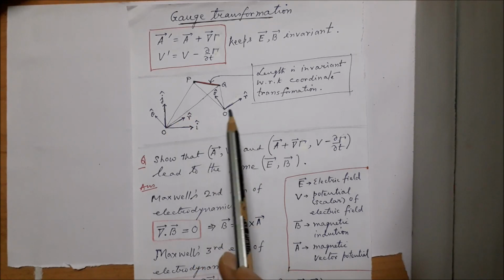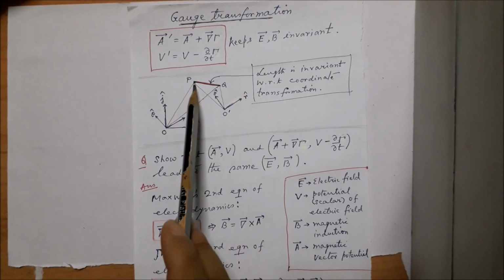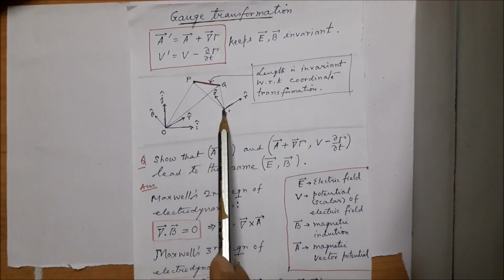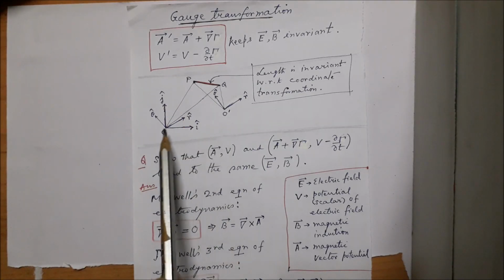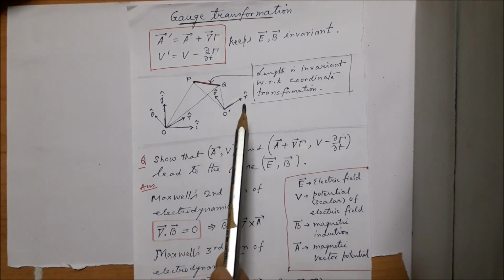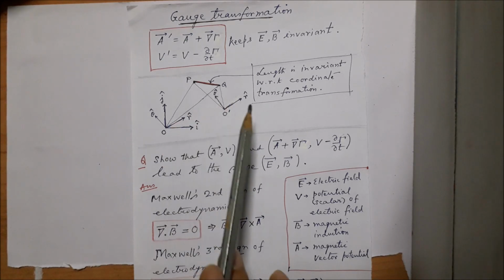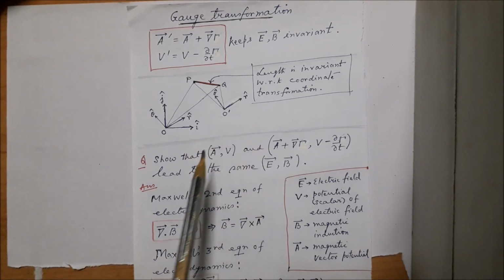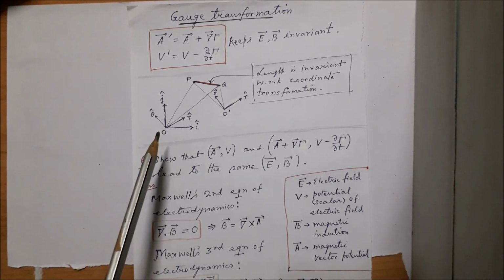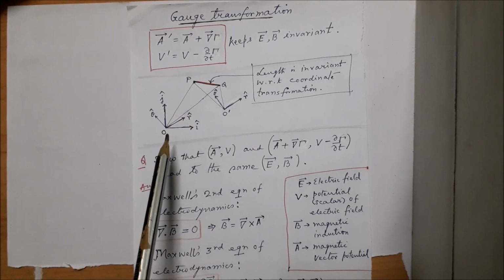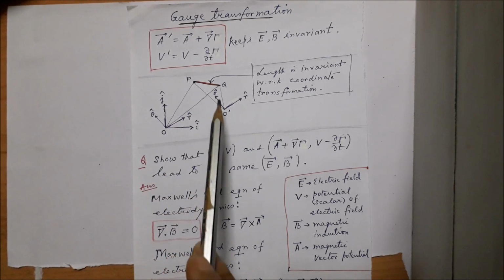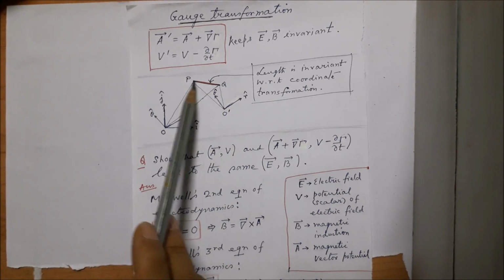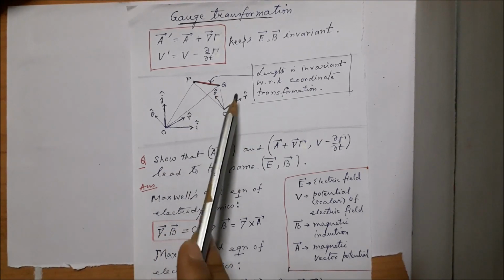Whichever frame we use, the length is the same. Shifting from one frame to another, say from x, y, z to r, theta, phi, or from r, theta, phi to rho, phi, z, is called transformation. Invariance means that even if you transform from one coordinate system to another, the length remains unaltered.